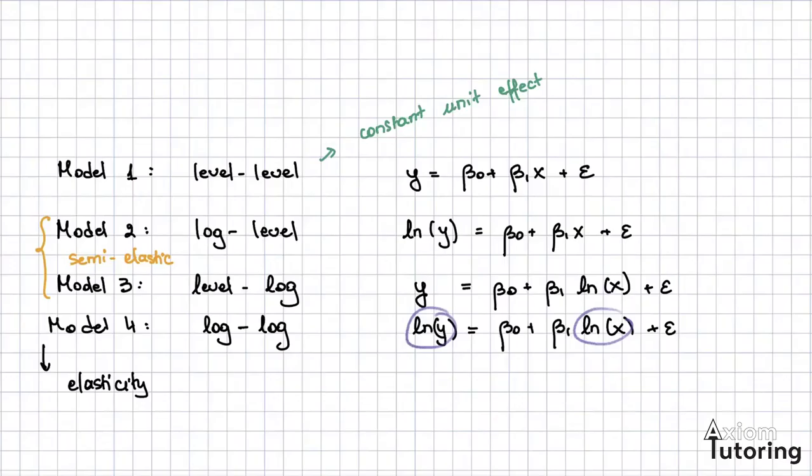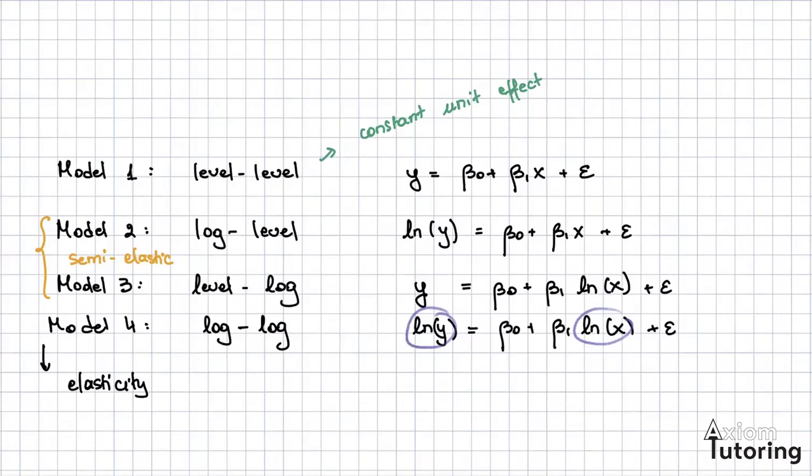In the log-level model, we had a constant percent effect of x on y. On the level-log, we had a constant unit effect of a percent change in x. Now, the log-log has a constant percent effect of a percentage change.